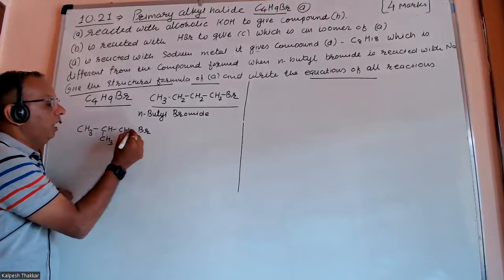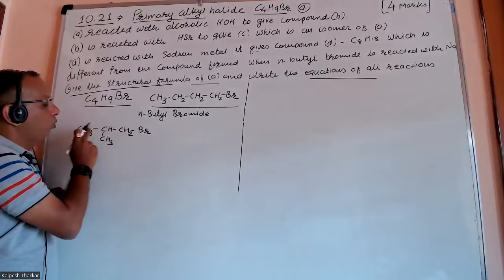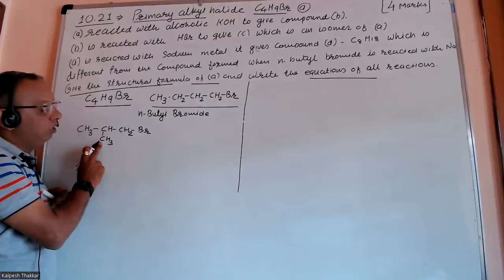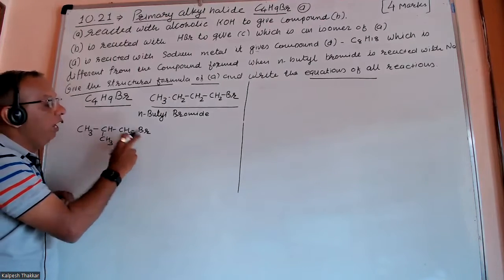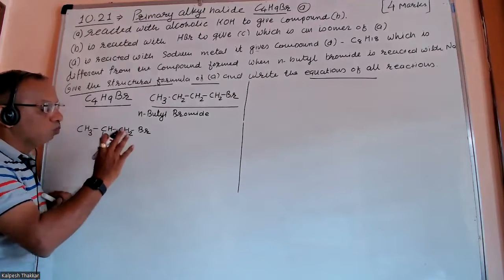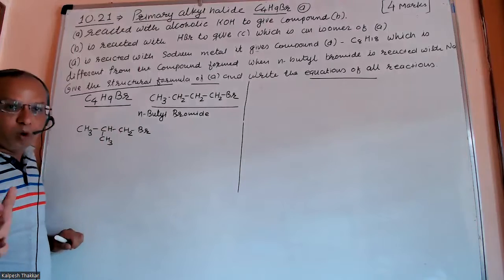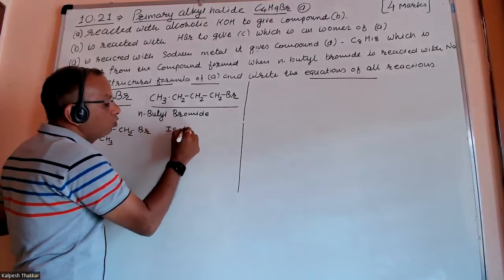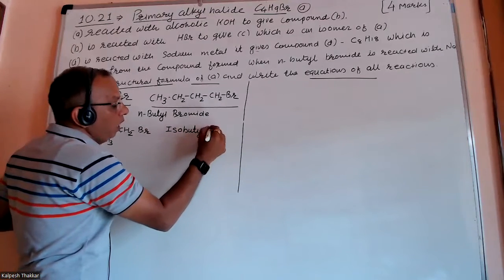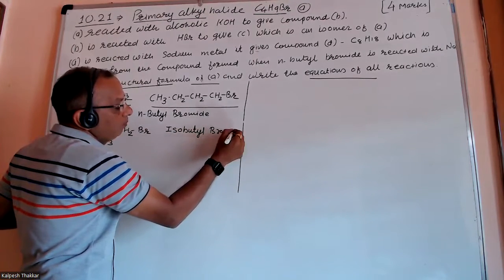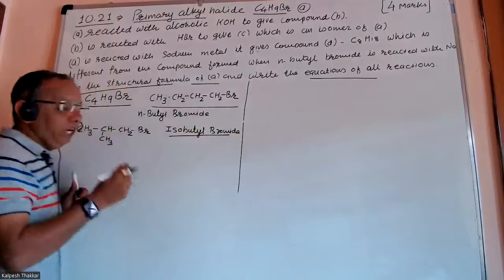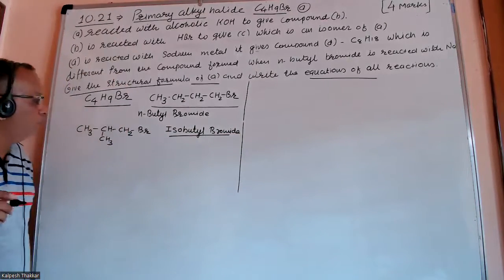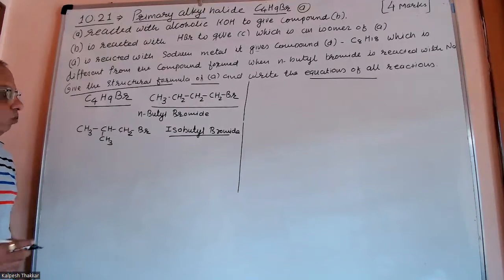Its name: 1, 2, 3 carbon chain, so it is propane. On the second carbon it is methyl, and on the first carbon it is bromo. So you can write 1-bromo-2-methylpropane, or isobutyl bromide is its common name, and 1-bromo-2-methylpropane is its IUPAC name.